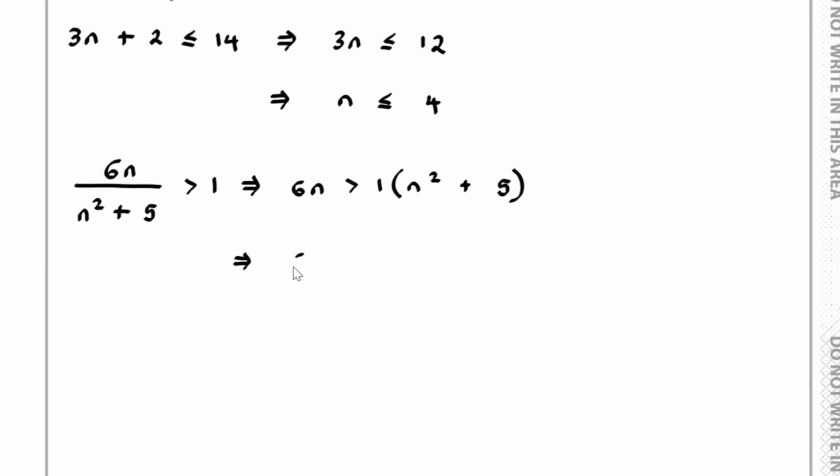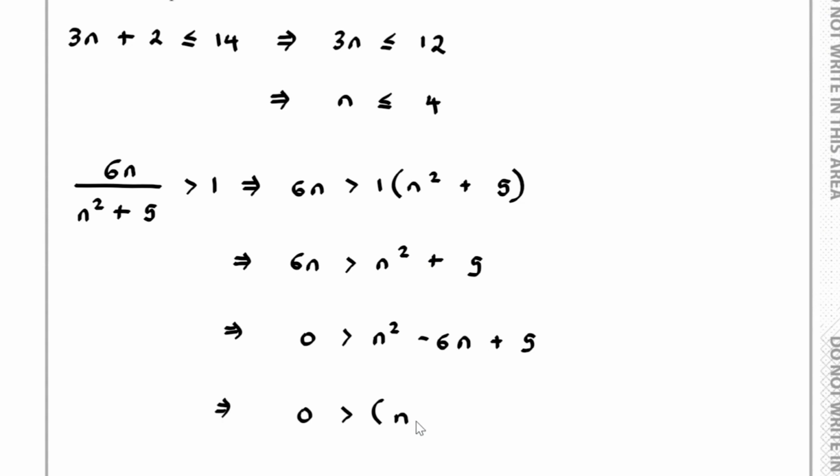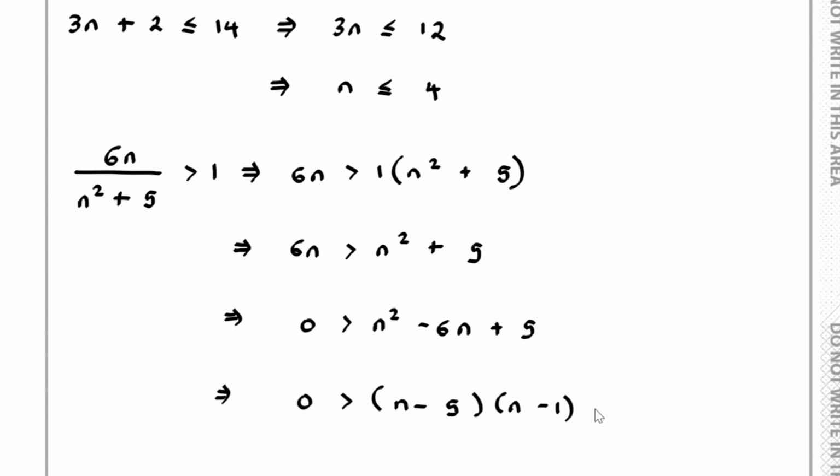We have 6n being greater than n squared plus 5. n squared subtract 6n plus 5 is less than 0. So 0 is greater than n minus 5 times n minus 1.